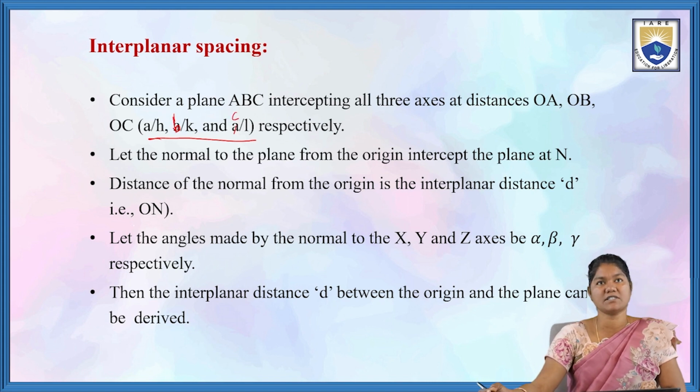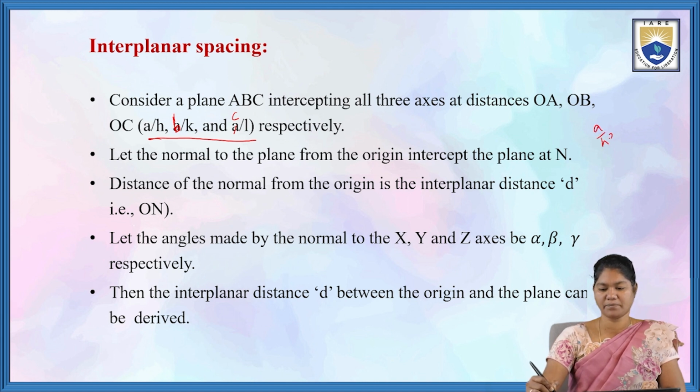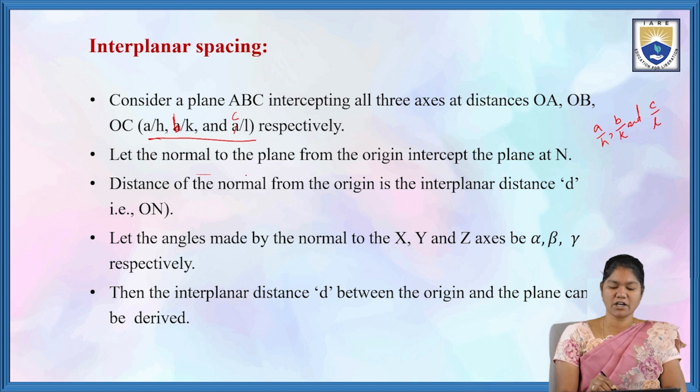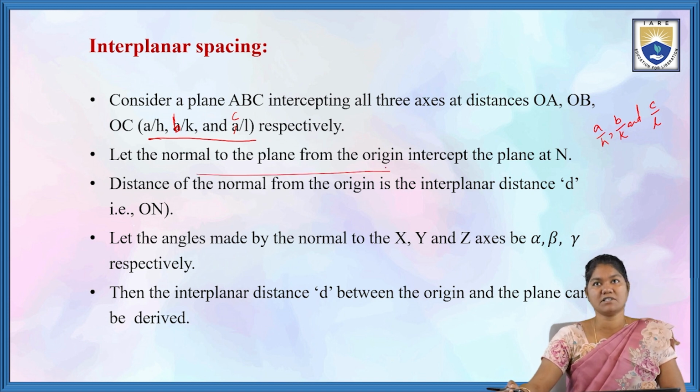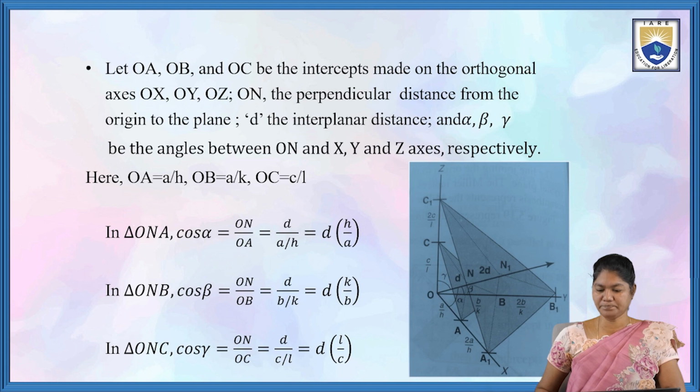Here we are considering a plane ABC, and this plane intercepts all three crystallographic axes at distances OA, OB, OC, which are a by h, b by k and c by l respectively. Here, let the normal to the plane from the origin intercept the plane at N. I'll show the diagram.